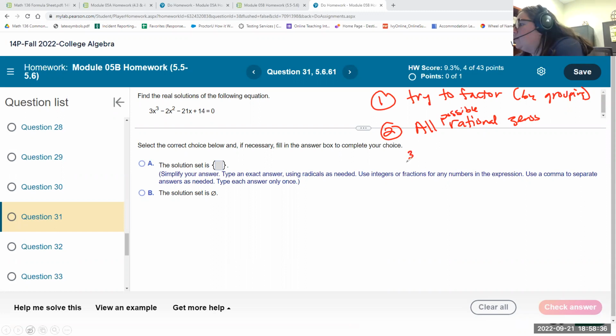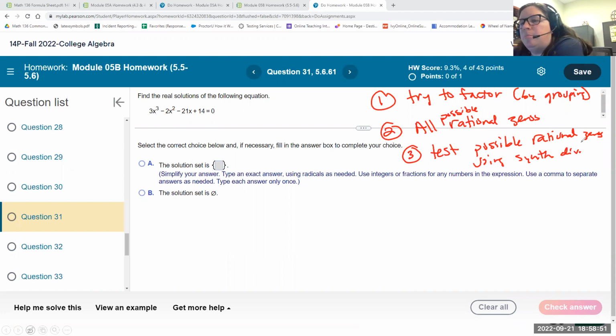So then you would start testing. And I would recommend using synthetic division for that. There are other ways to test, but the advantage of synthetic division is when you find one that works, you've not only found that that one works, but you've found what's left when you factor that out.